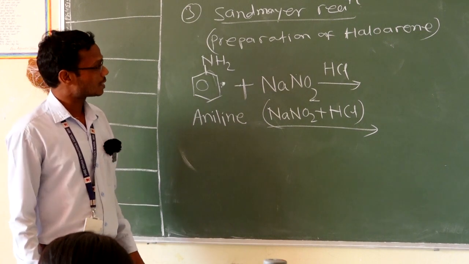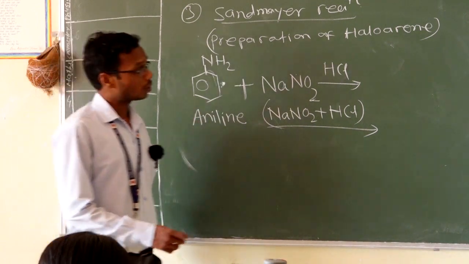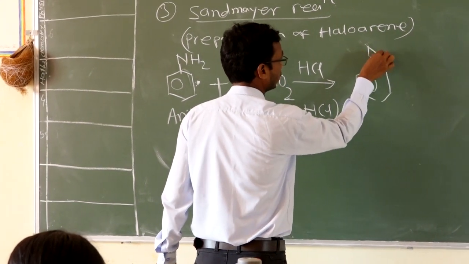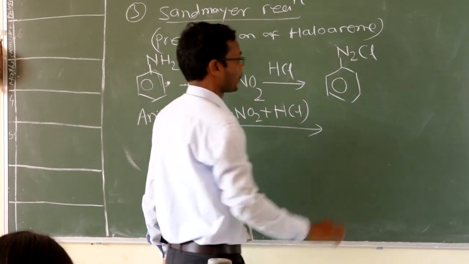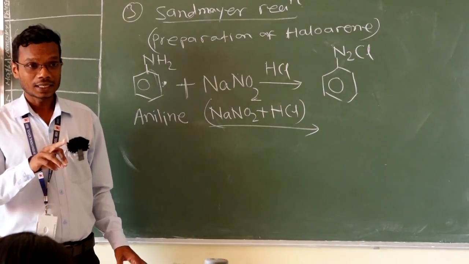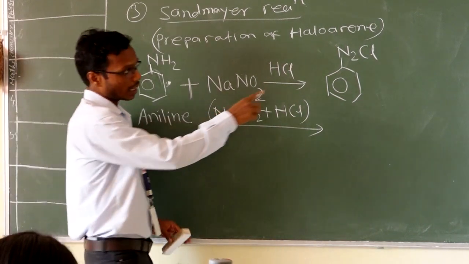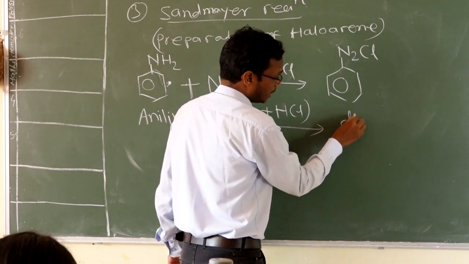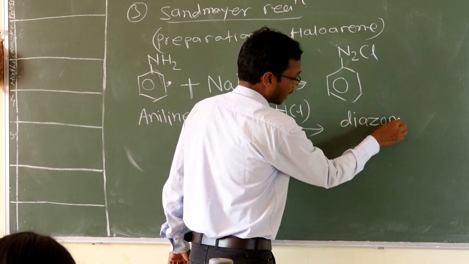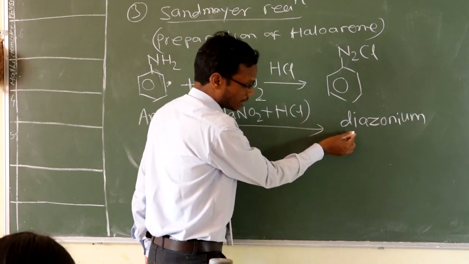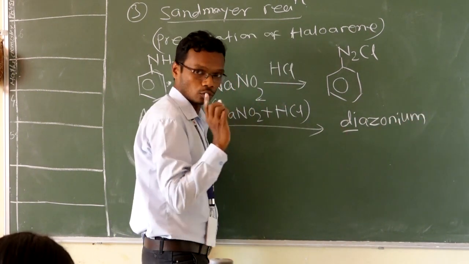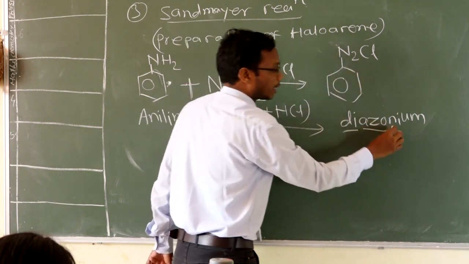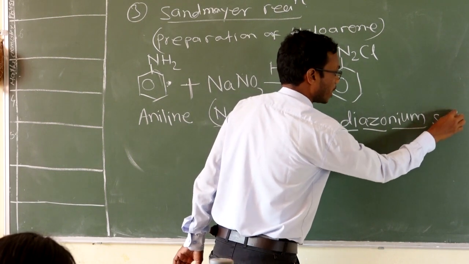When aniline reacts with this, the product will be a diazonium salt, C6H5N2Cl. Diazo means N2: di means 2, and azo means nitrogen. So 2 nitrogen: diazonium salt or chloride.